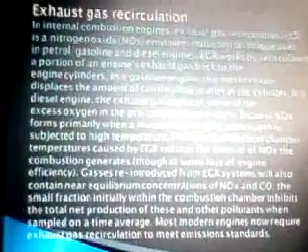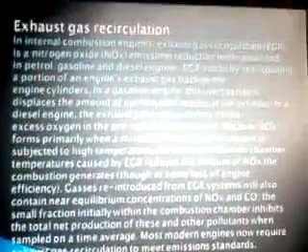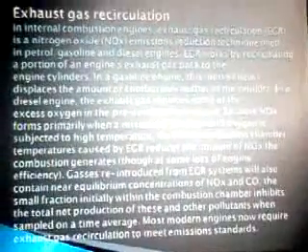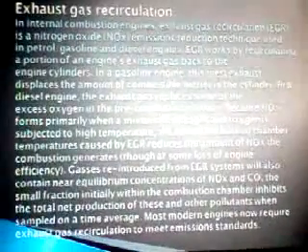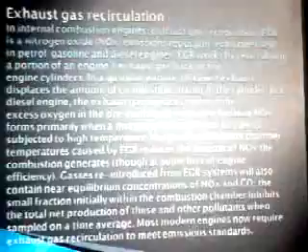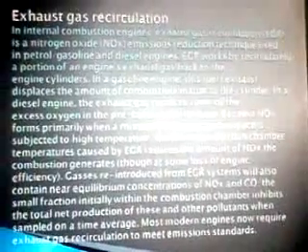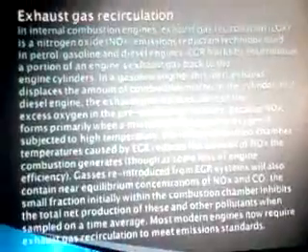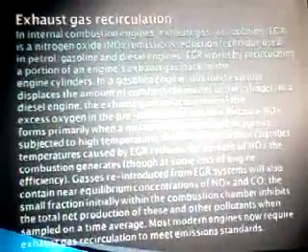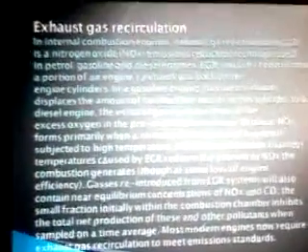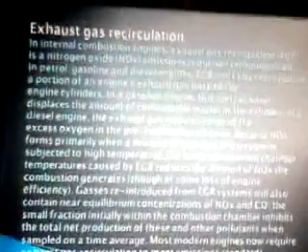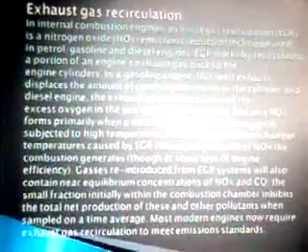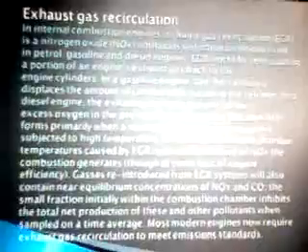Exhaust gas recirculation. In an internal combustion engine, exhaust gas recirculation is a nitrogen oxide emission reduction technique used in petrol, gasoline and diesel engines. EGR works by recirculating a portion of an engine's exhaust gas back to the engine cylinders. In a gasoline engine, this inert exhaust displaces the amount of combustible matter in the cylinder.